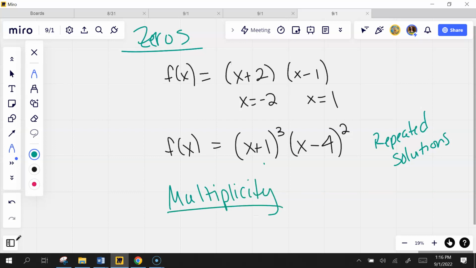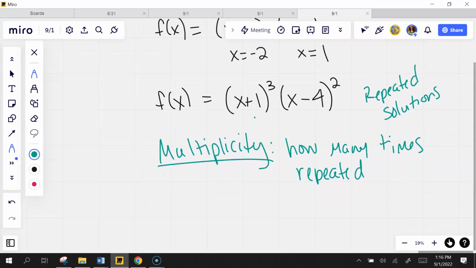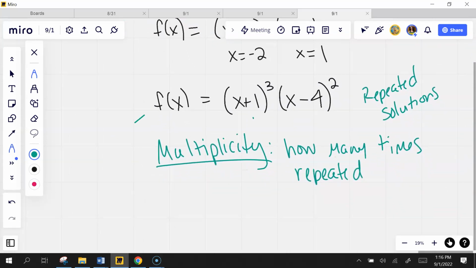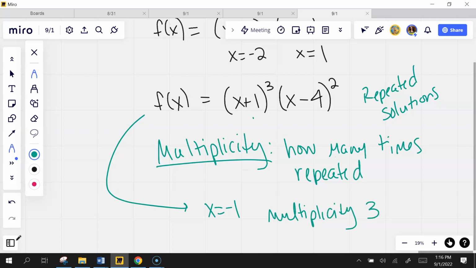This is a fancy word for how many times it's repeated. So, I have a 0 here of x equals -1 with multiplicity 3.